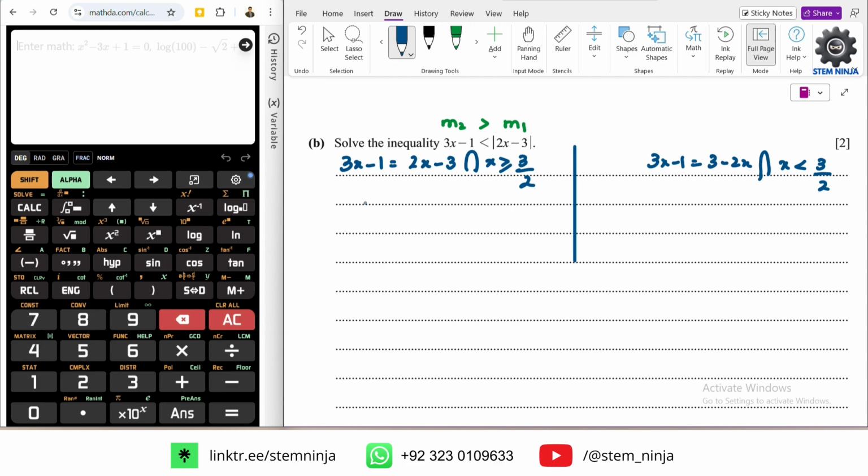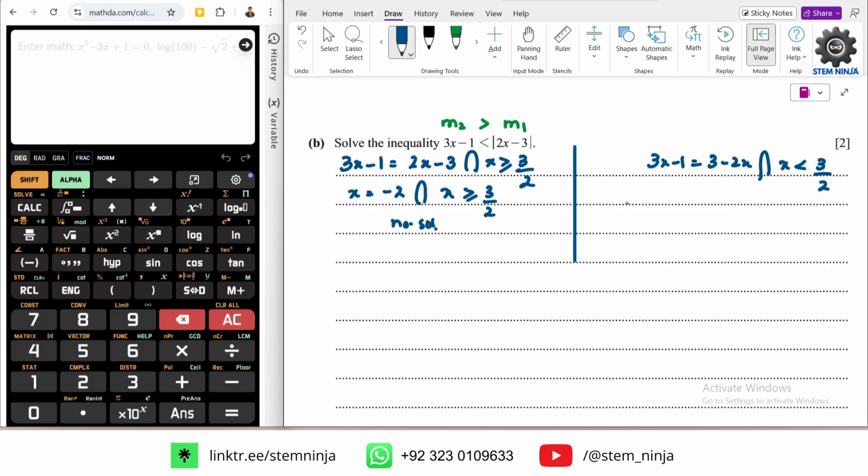So 3x minus 2x is just x equals minus 3 plus 1, minus 2. But when you see this thing greater than 1.5, so minus x equals minus 2 and x greater than 3 over 2, obviously there are no solutions because minus 2 is not greater than. So no solution from this one.